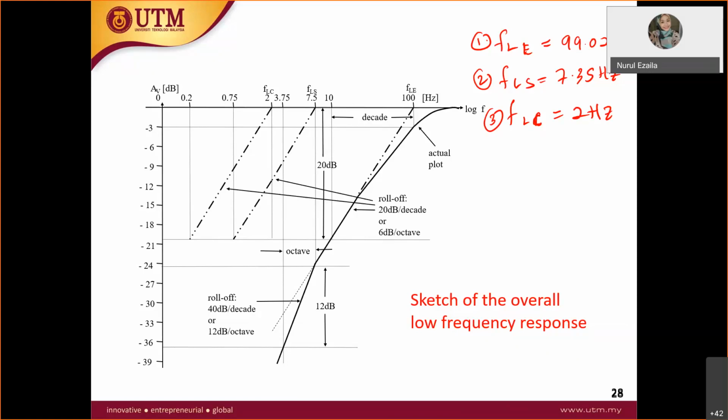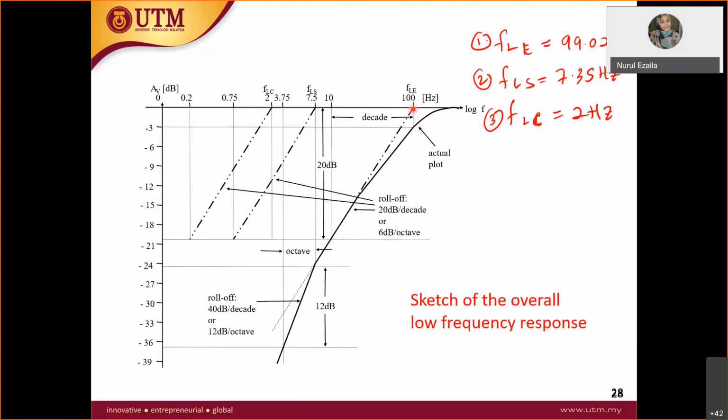Imagine this is your Bode plot, so take the highest frequency over here, which is, now please listen carefully, 99.02. So at your Bode plot, for example, 99, they just equivalently take 100. So 100 over here.